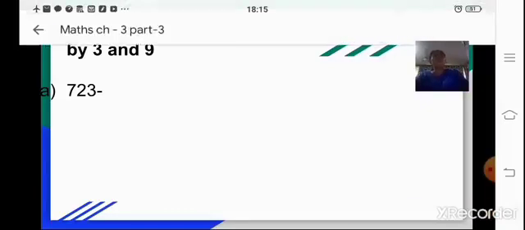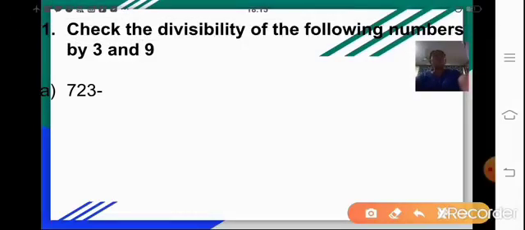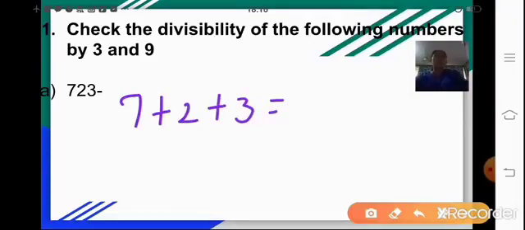So what we are going to do is, the rule for divisibility of 3 says that 7 plus 2 plus 3 is, 7 plus 2 is 9, 9 plus 3 is 12. Now 12 is easily divisible by 3, that is 3 4s is 12, whereas 12 is not divisible by 9.